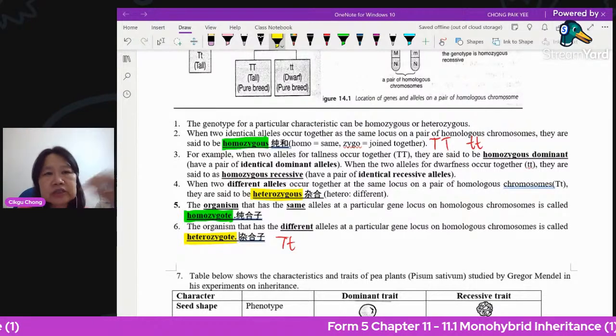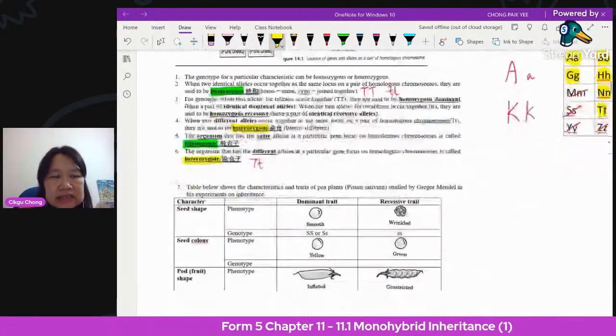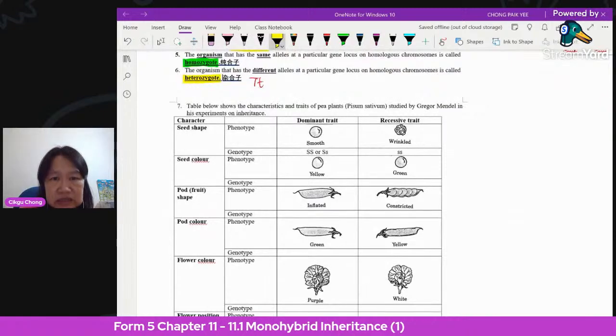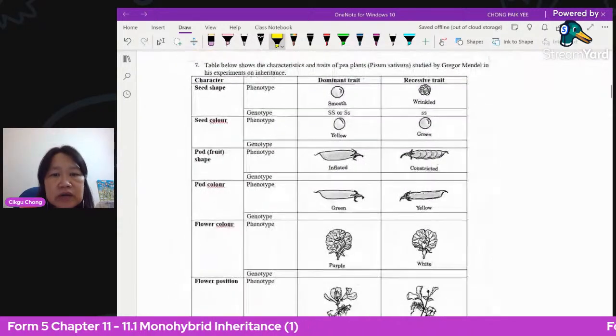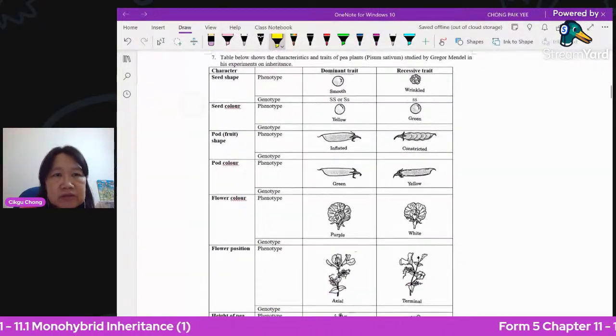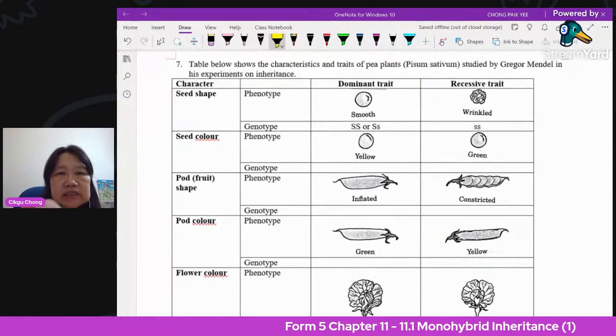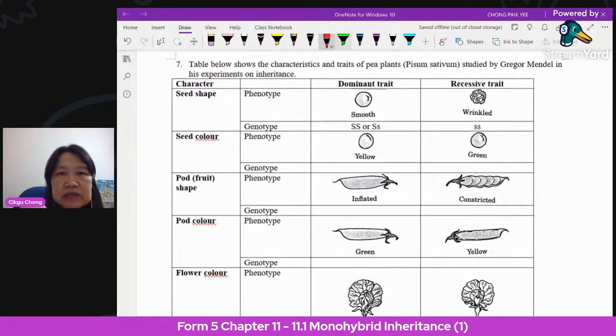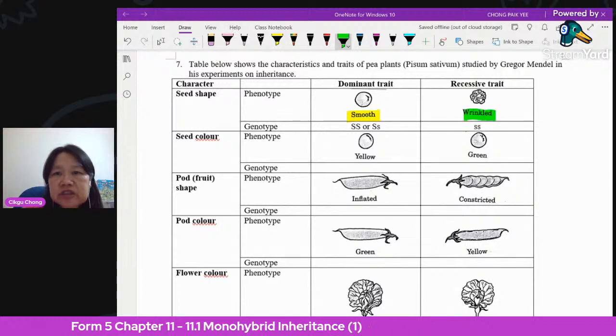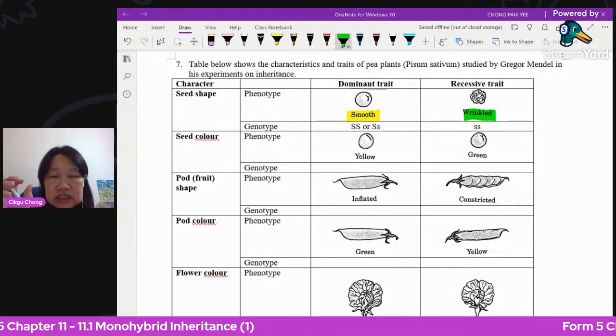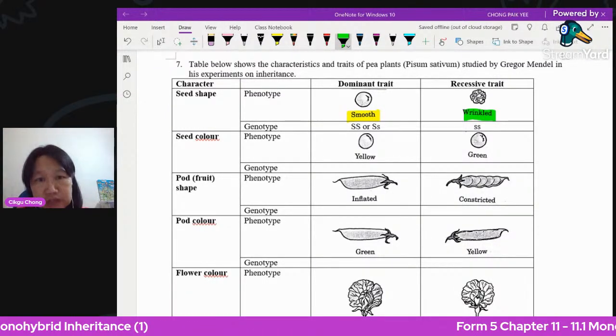All right, just lastly, I will go through this in my next lesson. So maybe you can have a snapshot here and try to fill this up. Let's say I give you an example, phenotype is here. If I ask you for phenotype, you must say the characteristic in terms of words, whether it's smooth or wrinkled.